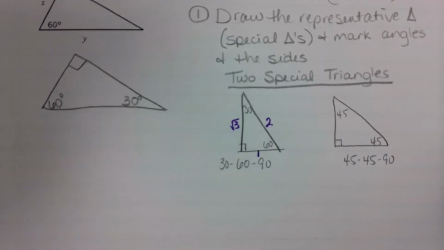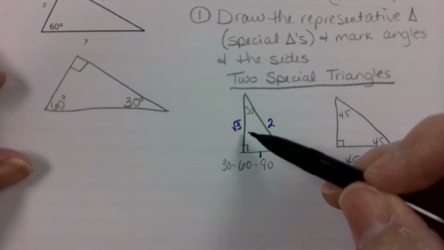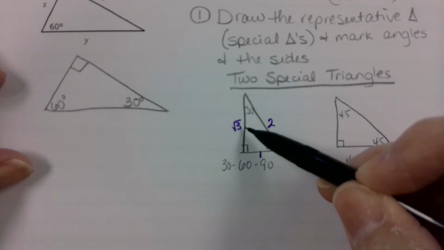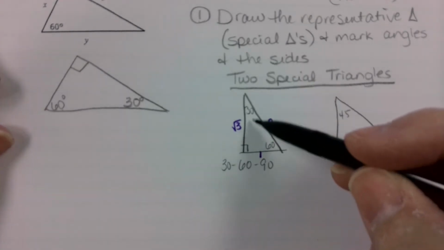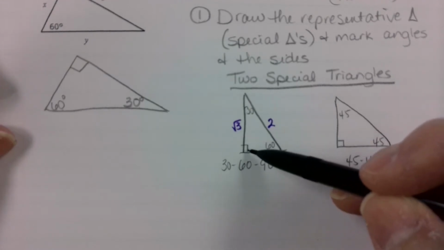Now, I'm not saying that the leg on the bottom is a 1 and the leg on the left is a square root of 3. Notice the way that I said it to you. The side across from 60 is the square root of 3. The side across from 30 is a 1. And the hypotenuse, which is across from the 90, is a 2.